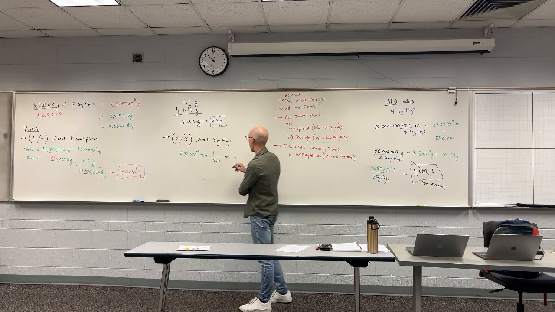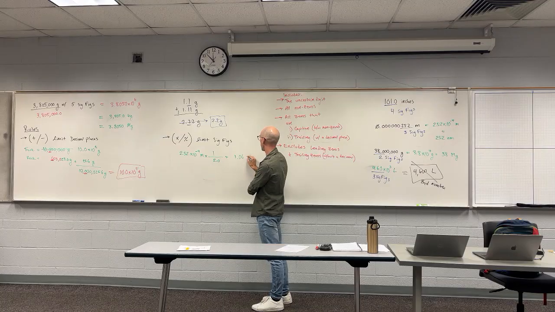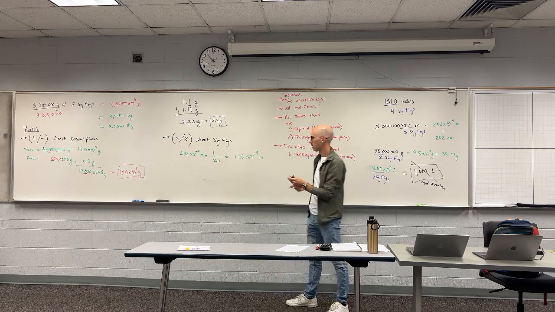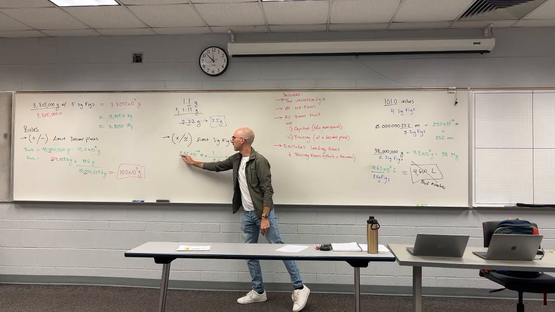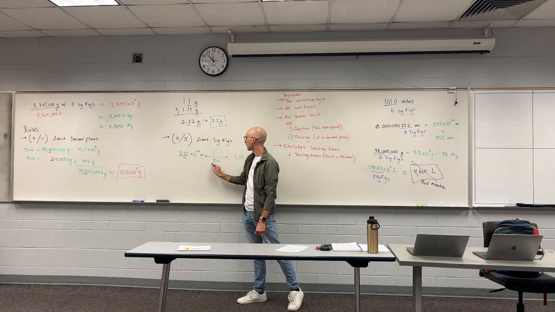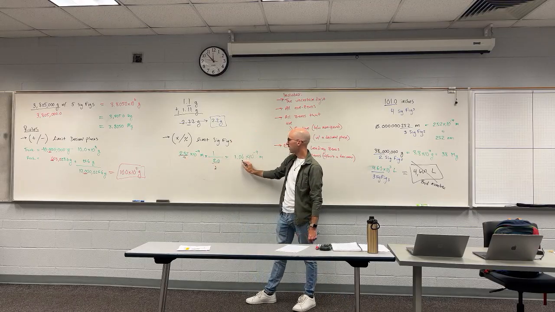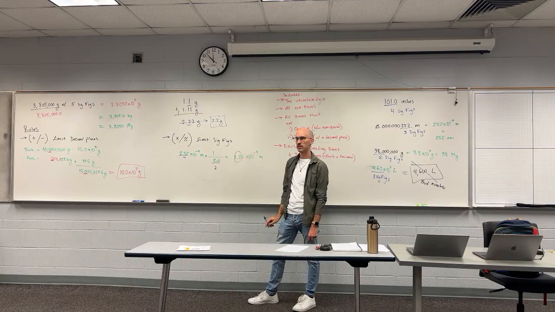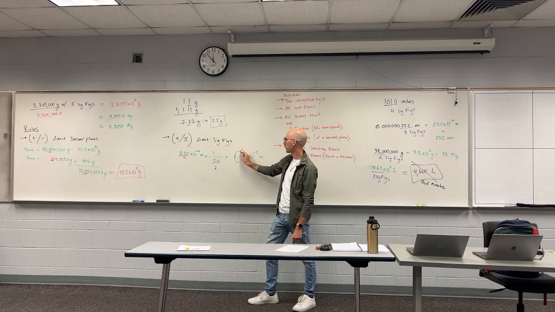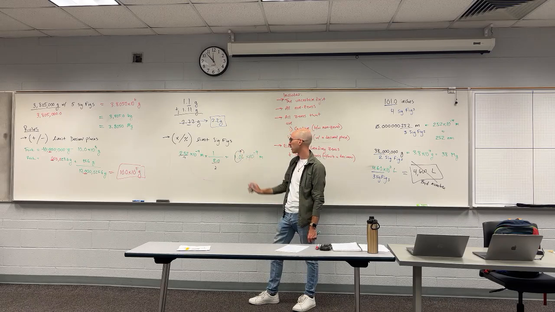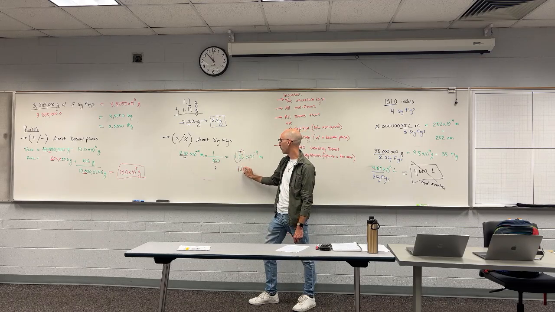Your number would look like 1.06 times 10 to the negative 9th. 3 sig figs, 2 sig figs. This number is limited to 2 sig figs here. And so I have to round from the number after my last sig fig. So I would report this as 1.1 times 10 to the negative 9.